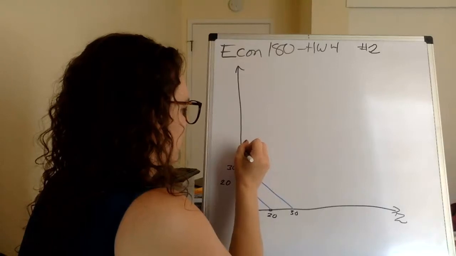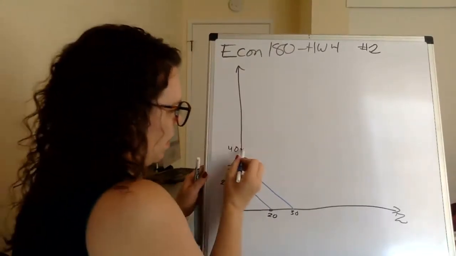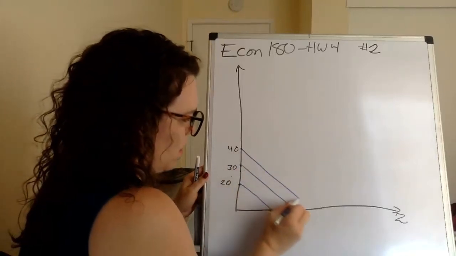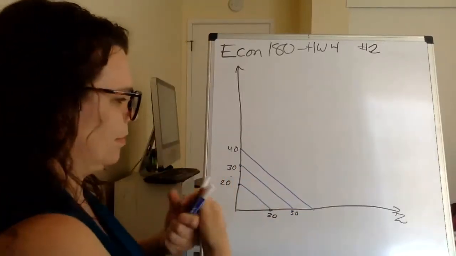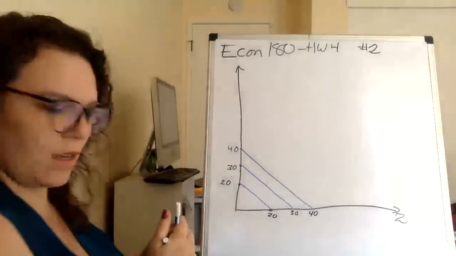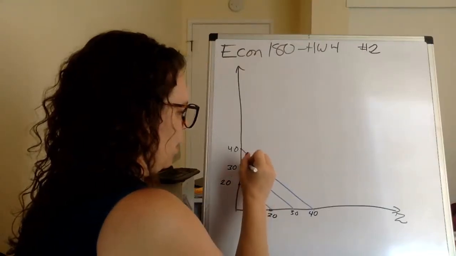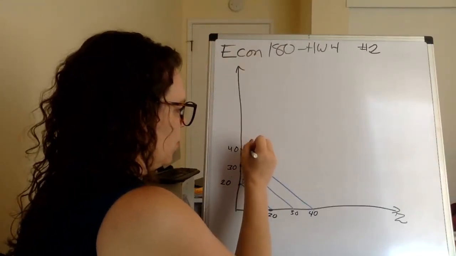And then the next one is going to be 40 and 40. So those are my 3 demand curves for consumer 3, consumer 2, and consumer 1.